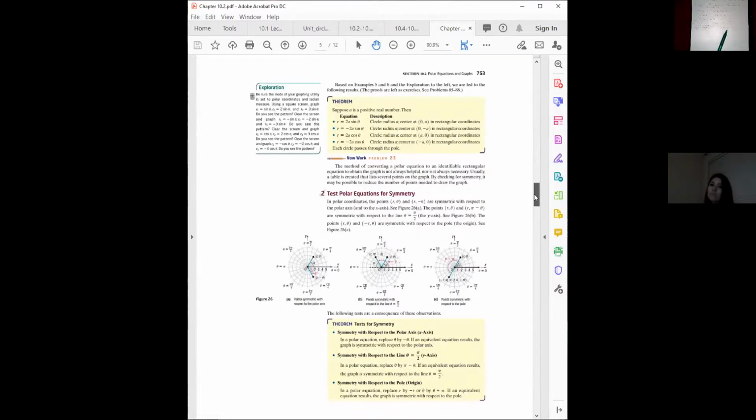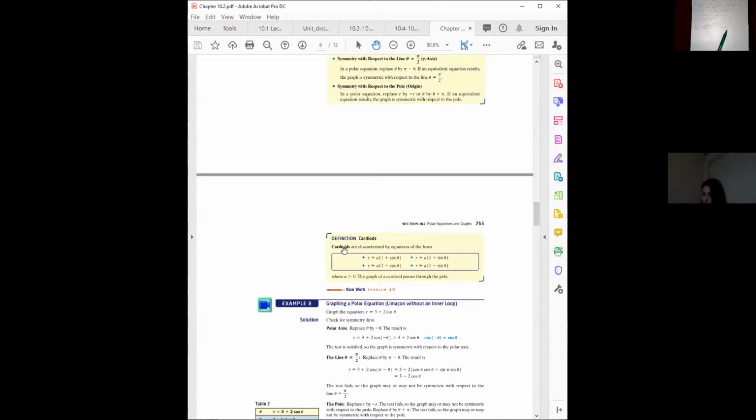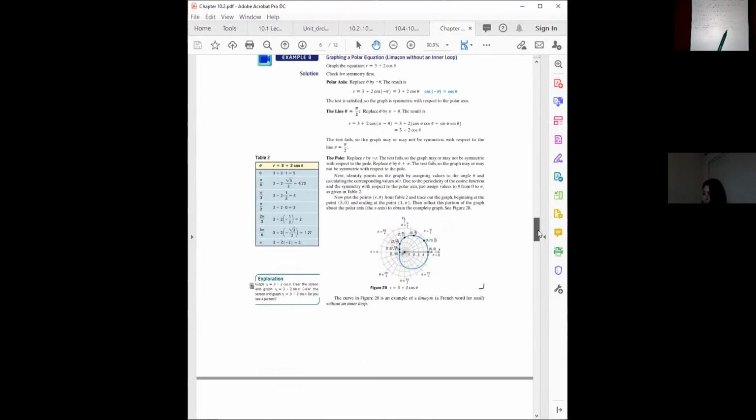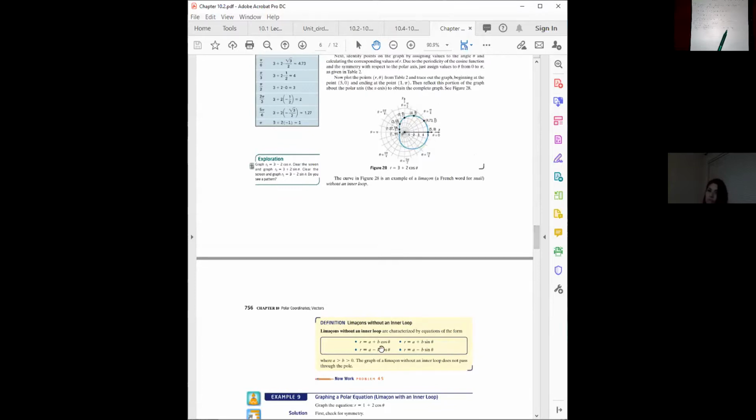Here we go. So for cardioids, you should be able to factor it in this way. And if a is positive, you have a cardioid that passes through the pole. Now, the difference between that and a limacon is you can't really factor it.